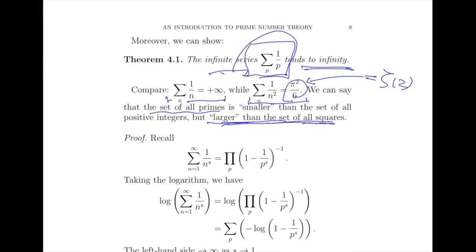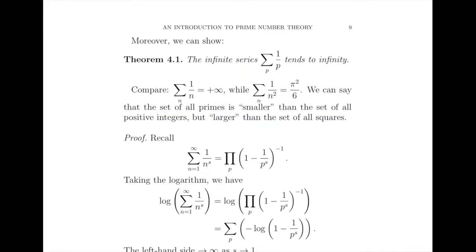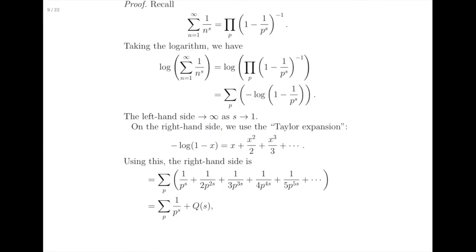So we will prove this. We recall the Euler product expansion, and now take the logarithm. Then this is the left-hand side, and this is the right-hand side. On the right-hand side, we change the order of log and product.